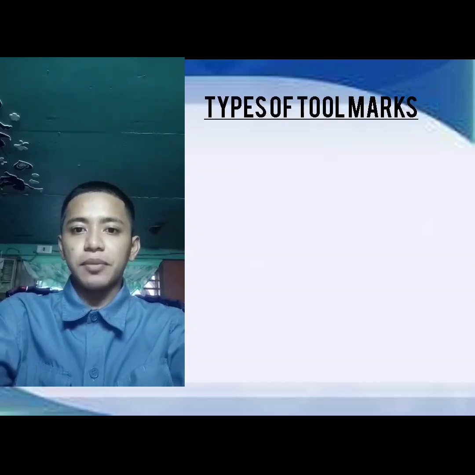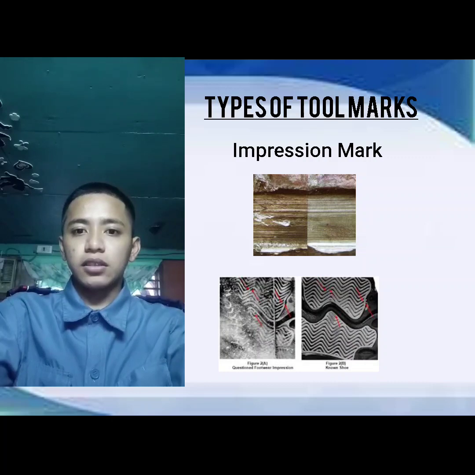And there are the types of tool marks. First, impression marks, the result of imitation of the tool when it contacts the surface. Any impression left on any part of an object or house can be compared to the suspect's tools to determine what tool was used.